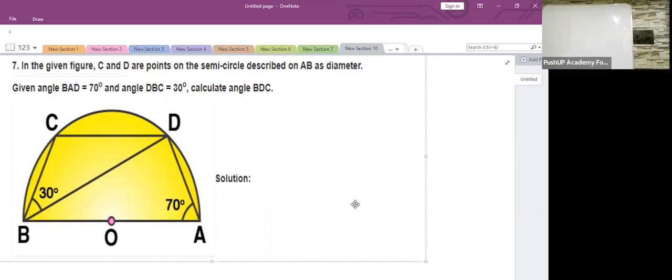What is the first question? How much will be angle PDB? You look at the board. How much will be angle PDB?